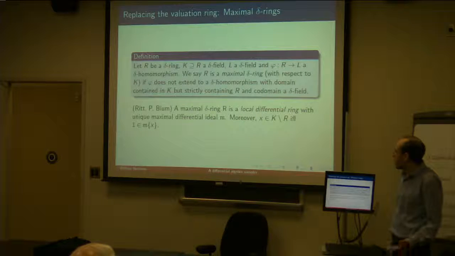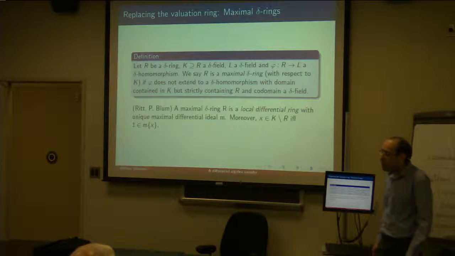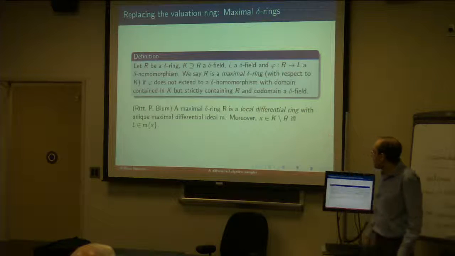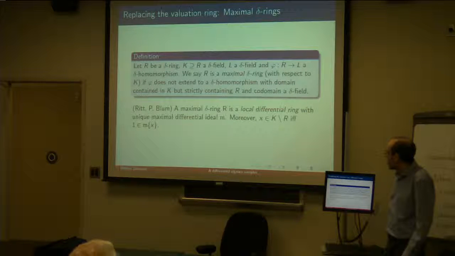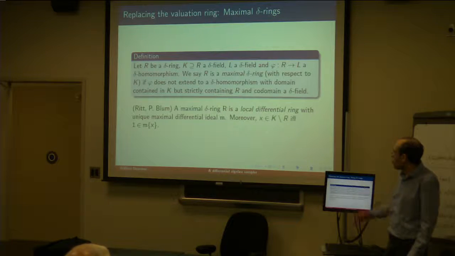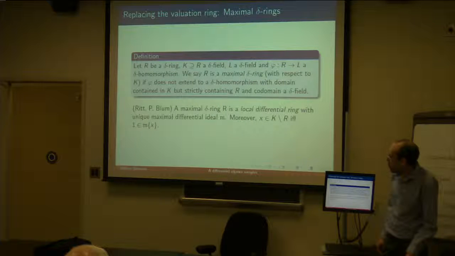Ritt and Bloom knew that this was a local differential ring, and the key fact, at least for our purposes, is that having this local differential ring implies that an element of your differential field is not in this maximal differential ring if and only if you have units in the differential polynomial ring generated with coefficients from the maximal ideal and this element.